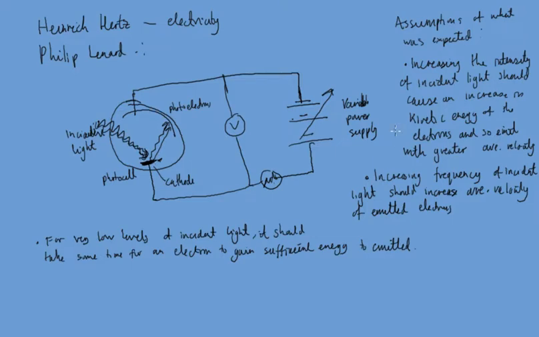Now, Hertz was basing his assumptions on a classical model of physics. He was looking at this from a thermodynamical standpoint. So in thermodynamics, say you had some cup of water, and you give the particles in that water more energy, their kinetic energy will increase, and they'll move more vigorously within that cup of water. And within that cup of water, those particles will have a range of energies.